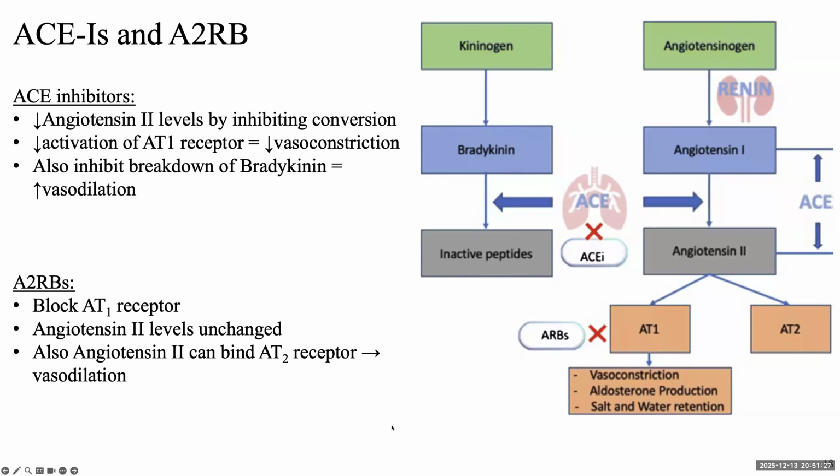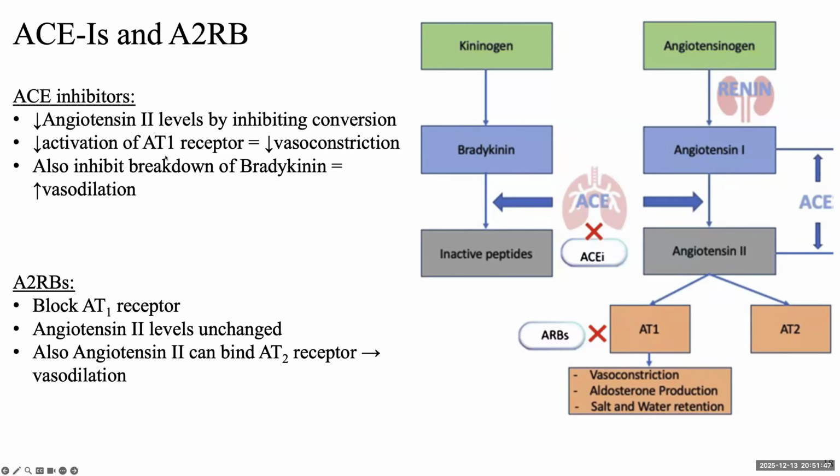Okay, so again, summing up our ACE inhibitors and our angiotensin 2 receptor blockers, review of mechanisms. We're decreasing angiotensin 2 levels overall by inhibiting conversion of angiotensin 1 to 2, right?